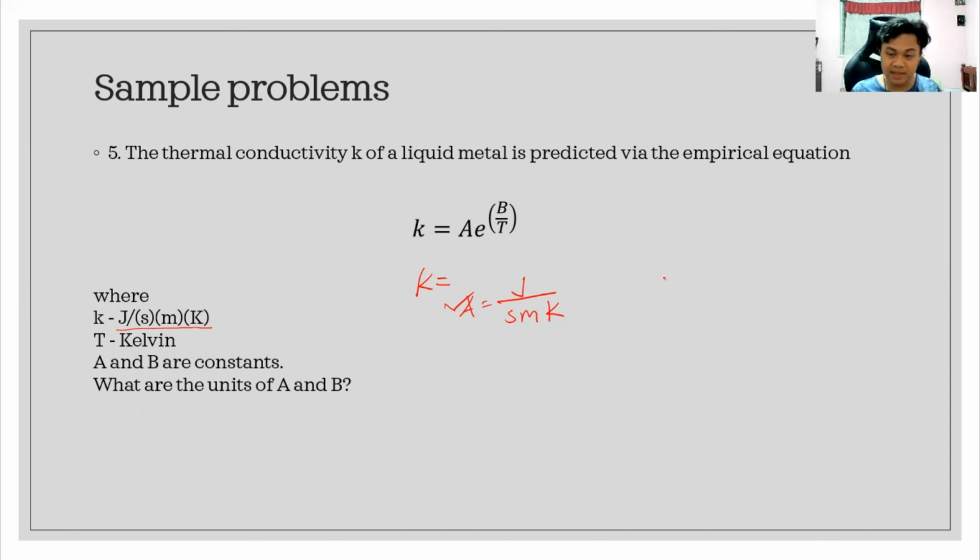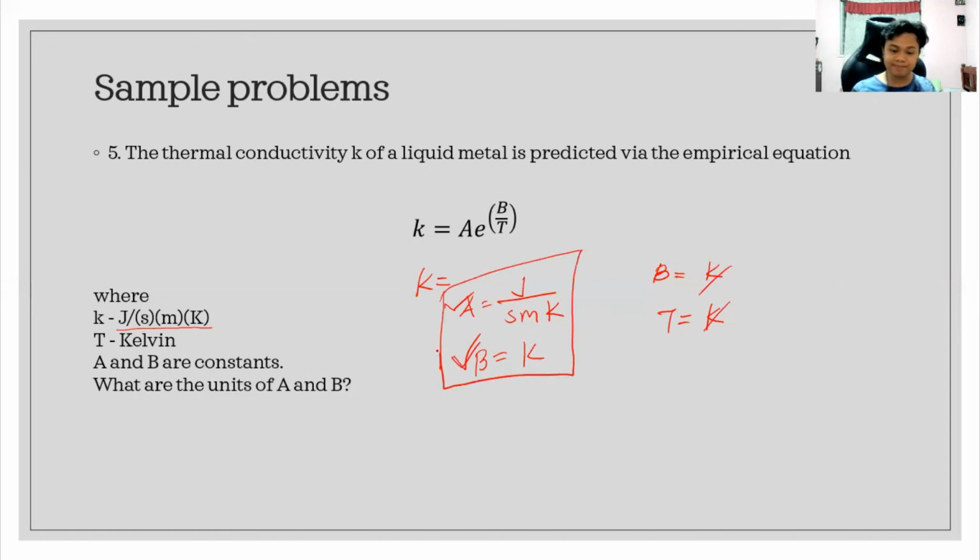And then B, it must be a ratio, right? So if you get a ratio, the units must cancel. So the unit of B must be in Kelvin also for it to be cancelled with the T, because T has the units Kelvin, so it must be cancelled. So the unit of B is in Kelvin, and we now have our answers.